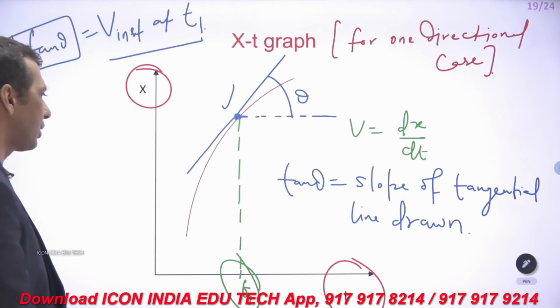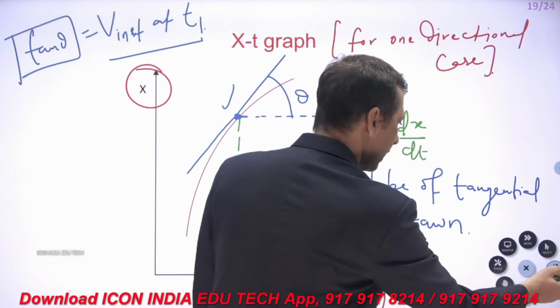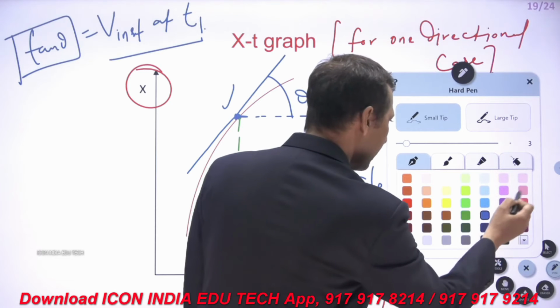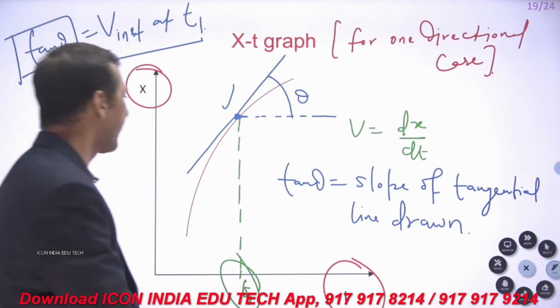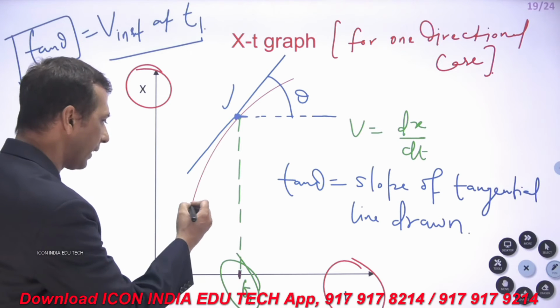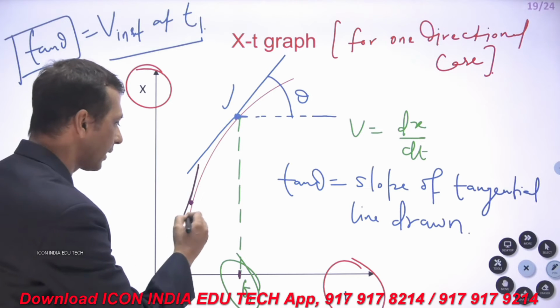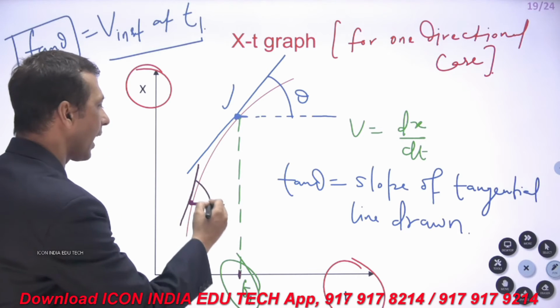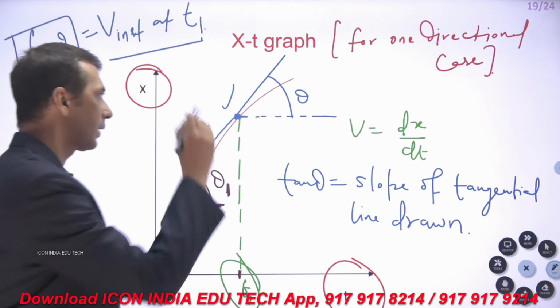In this situation, if I consider a point before this time t1 and draw a tangential line, it makes a larger angle theta 1 as compared to theta.